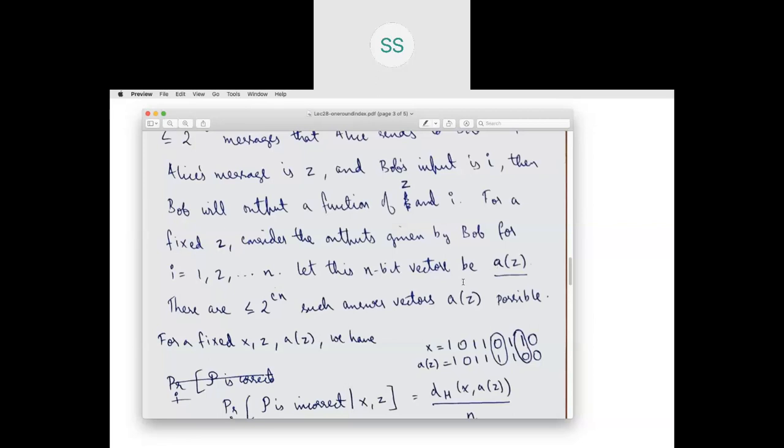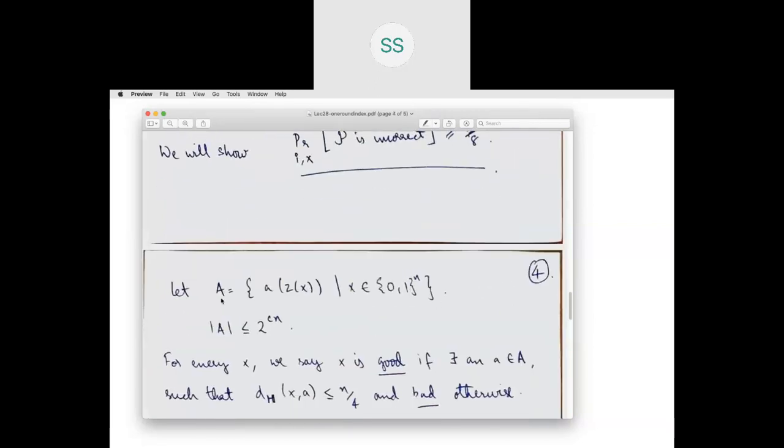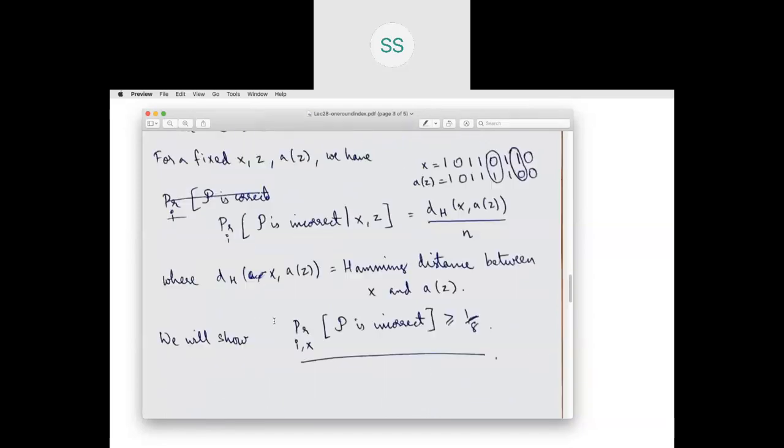So since there are at most 2^(cn) z's possible, there are at most 2^(cn) answer vectors possible. So let's say A is the set of all these answer vectors, and the size of A is upper bounded by 2^(cn).